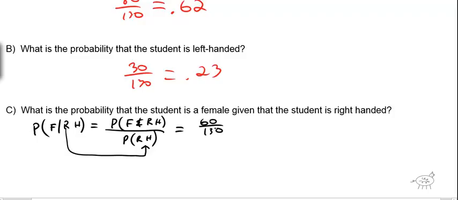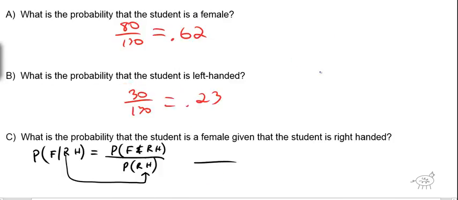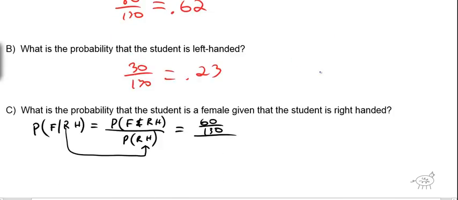So it's female and right-handed divided by the probability of right-handed. Well, how many right-handed people do I have? 100, right? I have 100 right-handed out of 130. So let's do that. Divided by 100 over 130. What happens to the 130s? They cancel. And you wind up with 60 over 100, which is 0.60.